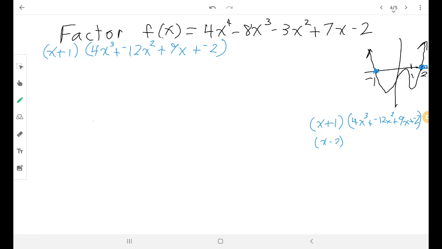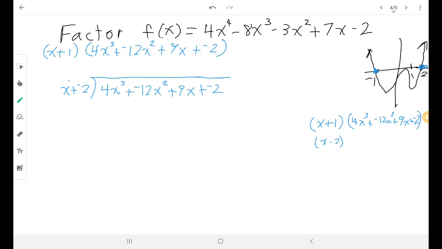Okay? So we're going to be dividing by x minus 2, and we're going to do 4x cubed plus negative 12x squared plus 9x plus negative 2 divided by x minus 2. Or let's even be more careful and call it x plus negative 2.